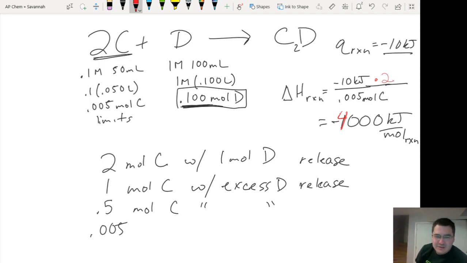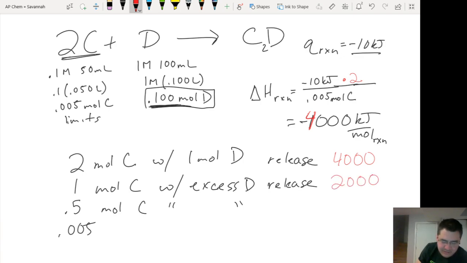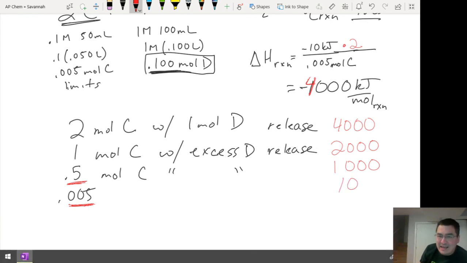So let's go through this exercise again. I want to make sure. If I react perfectly 2 with 1, that would release 4,000. If I do half of that, then that would be 2,000. Half of that would be 1,000, right? And now if I go from 0.5 down to 0.005, which moves the decimal place 2 more times, then that would be 10.